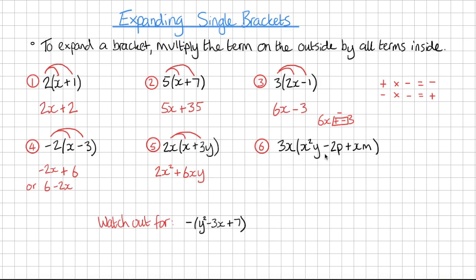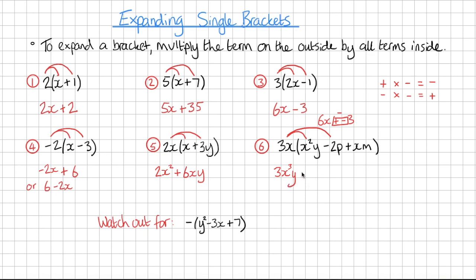The next one has 3 terms inside the bracket, but the process is the same. So 3x is being multiplied by x squared y. So that's going to give us 3x cubed y. Next we've got 3x, which is being multiplied by negative 2p.